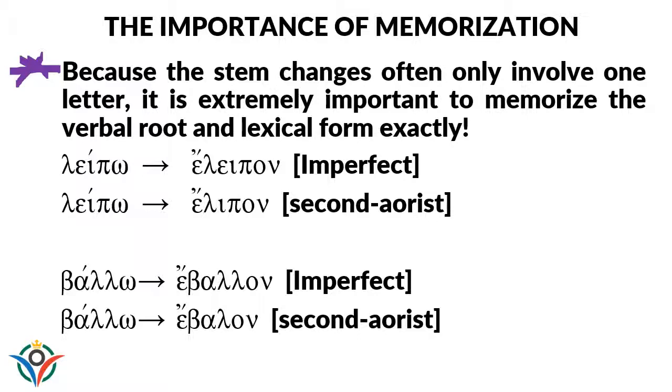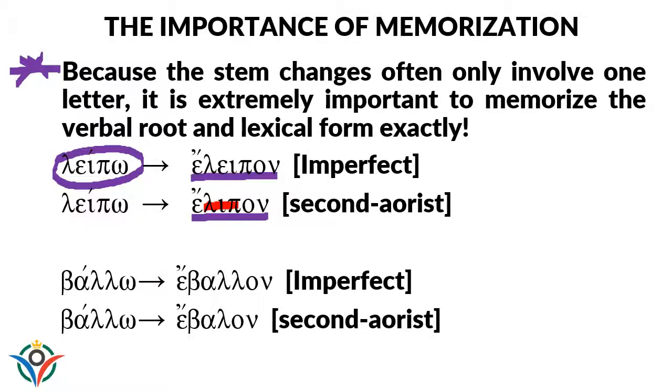We've done the first example together, but let's go through it again. We have lepo, the present tense form, which becomes elepon in the imperfect. But in the second aorist it becomes elipon, with a slight stem change.